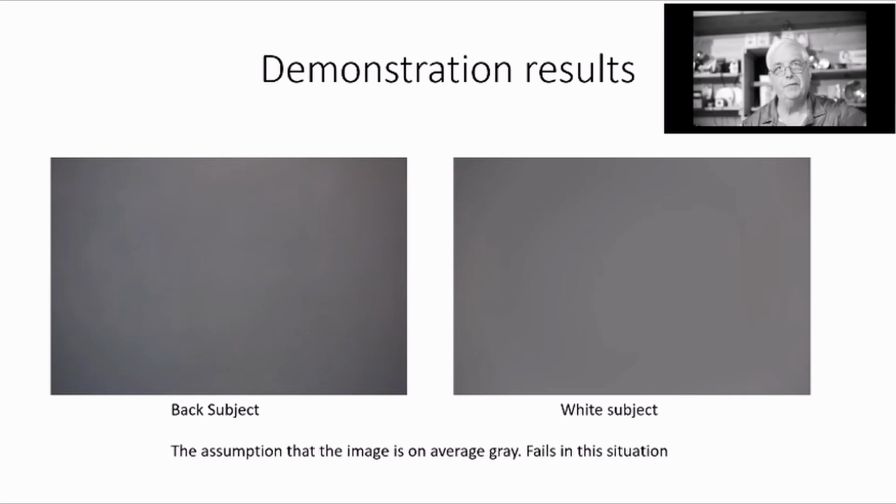So if you photograph the night sky with or without moon, you're going to find that night sky is gray. If you photograph a close-up of a bride in a white gown, you're going to find it's grayish.